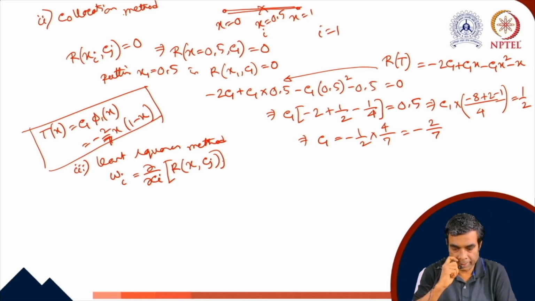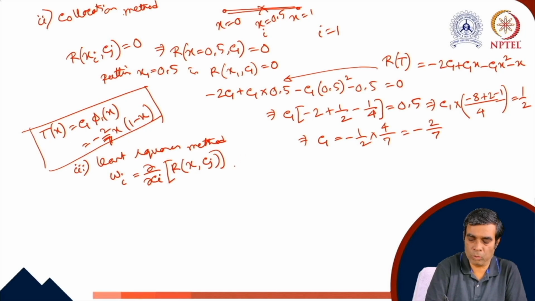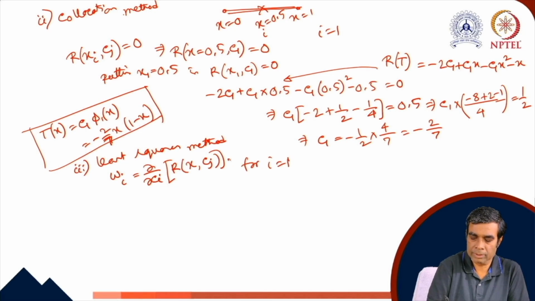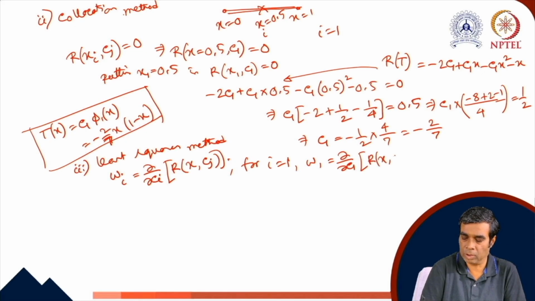This was the expression for finding the weight function. For us, we have only i equals 1 and j equals 1, so we have only one weight function, w1 equals del by del c1 of the residual R of x comma c1.